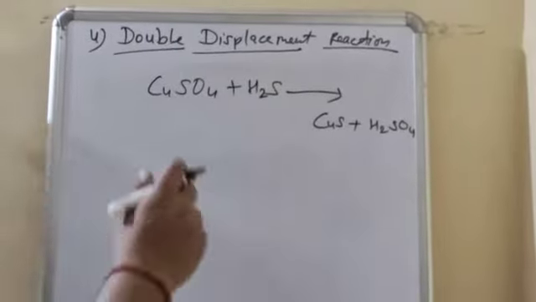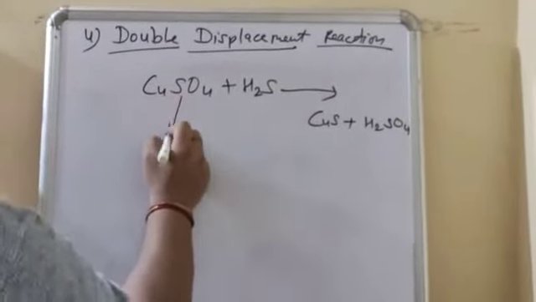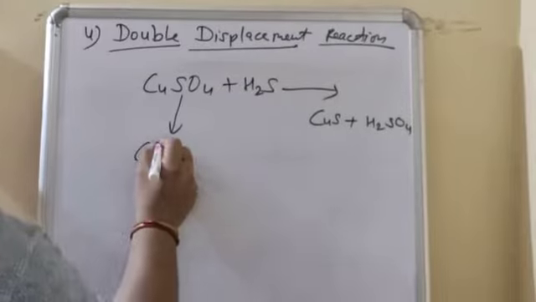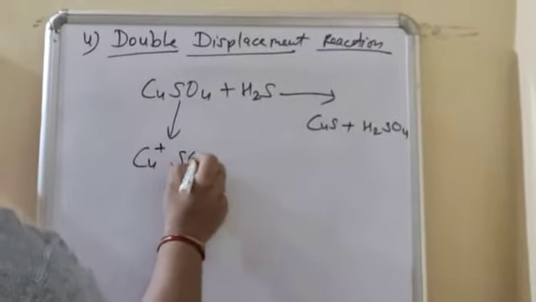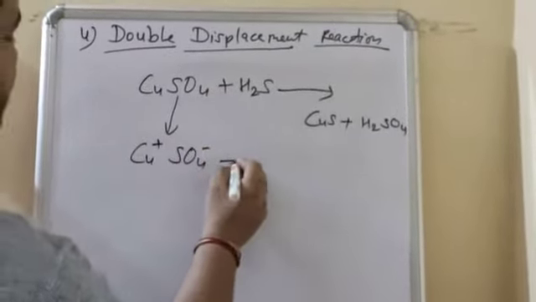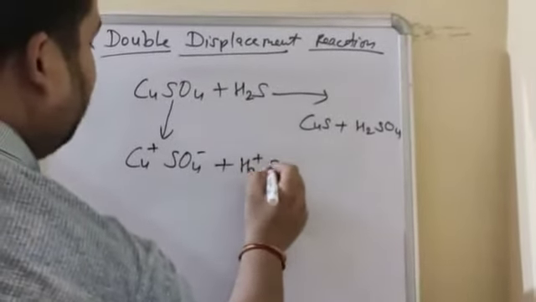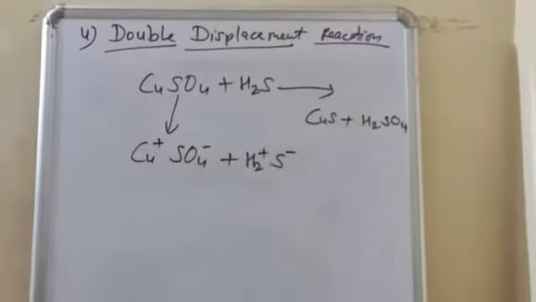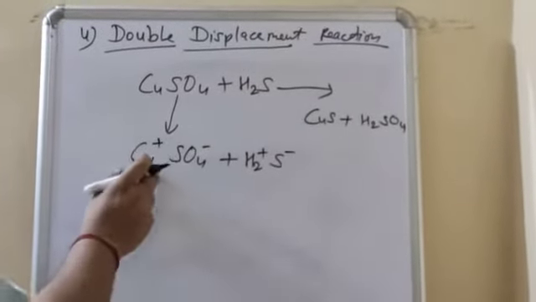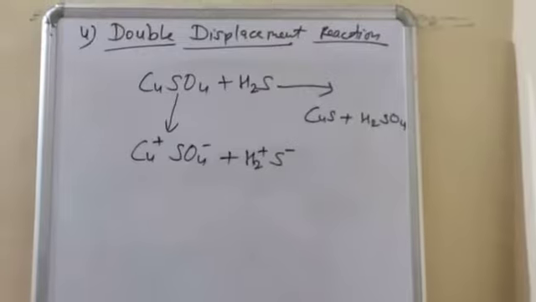One more thing I have to mention here, copper sulfate. Here copper is positive charge, sulfur is negative charge. Here hydrogen is positive charge and sulfur is negative charge. So positive ions and negative ions both are present in the compound.